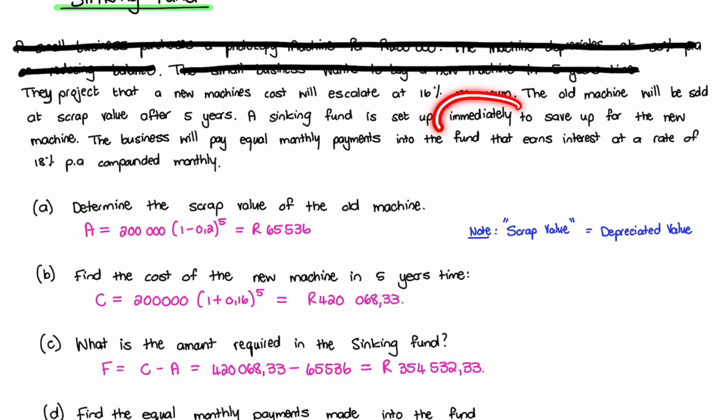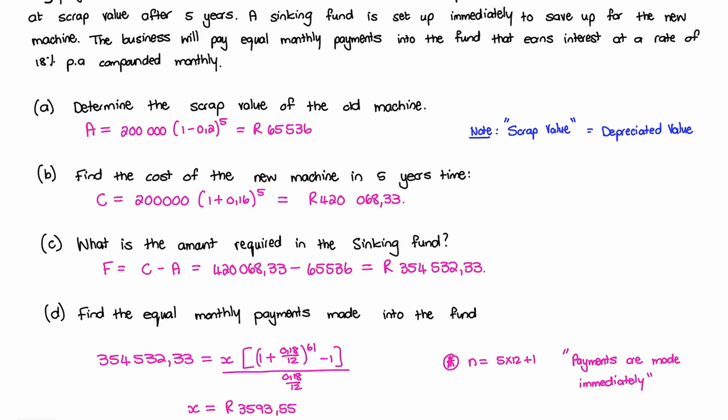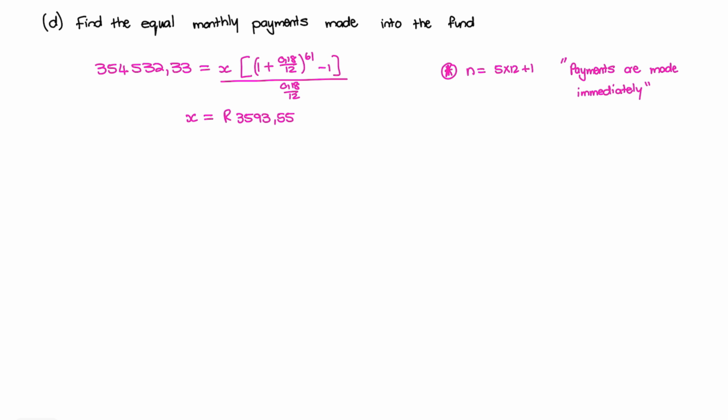So the moment you read the word immediately, it means this fund is starting at time 0. And that will create one extra payment that we are making. So that is why we have 61 payments instead of just 60.